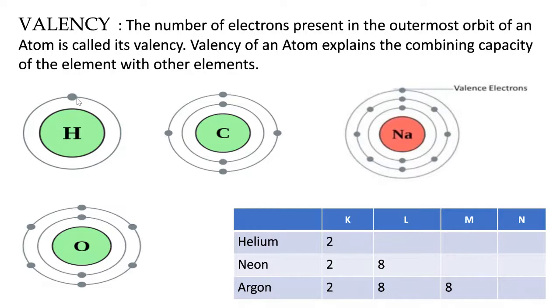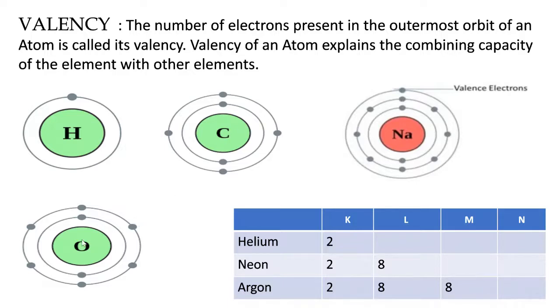This is the outermost shell for hydrogen, and since there is only 1 electron, the valency of hydrogen is 1. Now coming to carbon, in the inner shell, that is K shell, you have got 2 electrons, and in the outermost orbit we have got 4 electrons. Therefore the valency of carbon is 4.